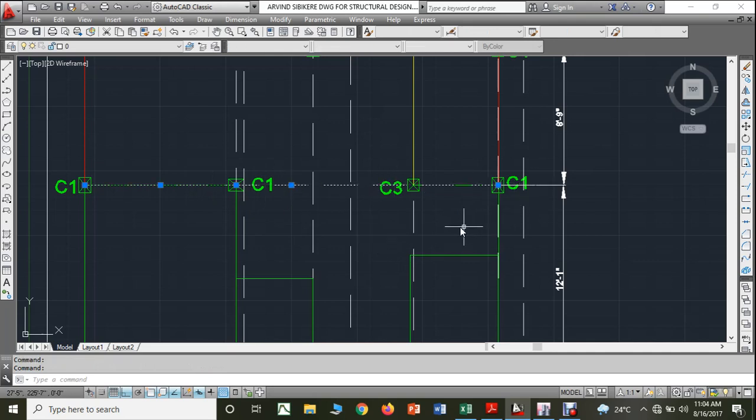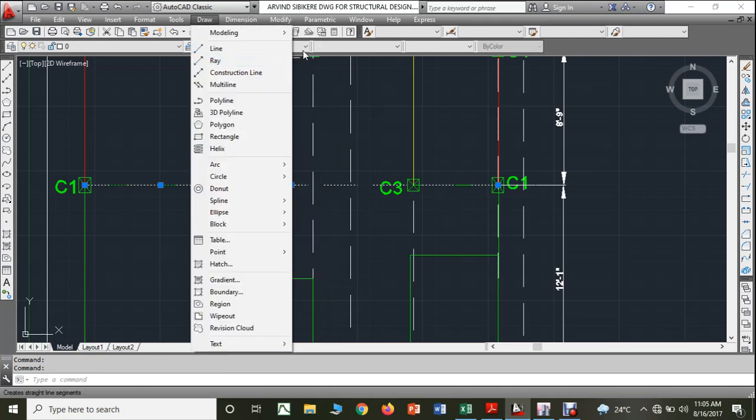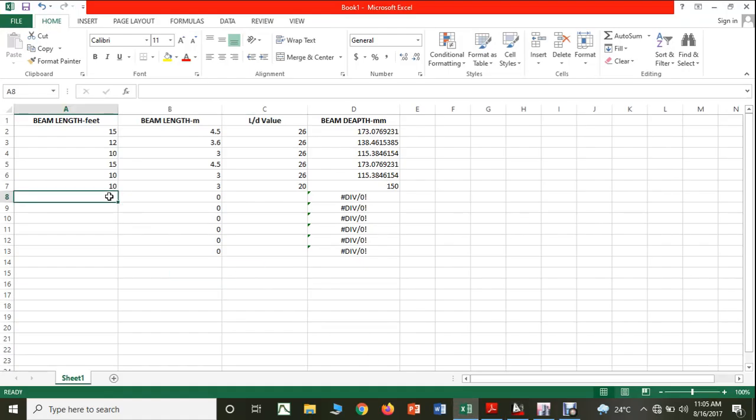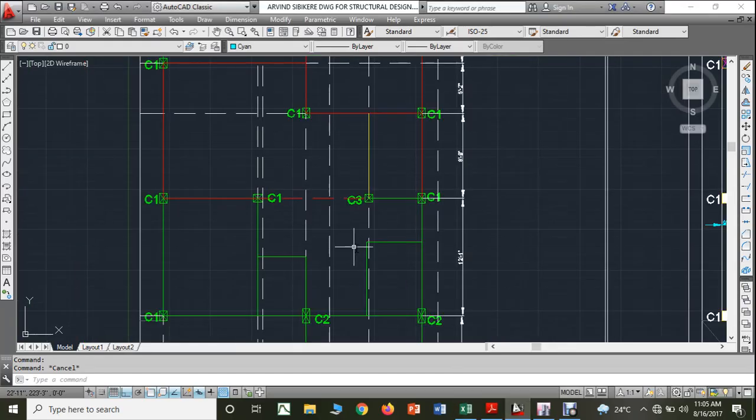Everything I will take as 10 feet itself. So 10 feet, but again it is a continuous beam of 26. I'm getting 115.